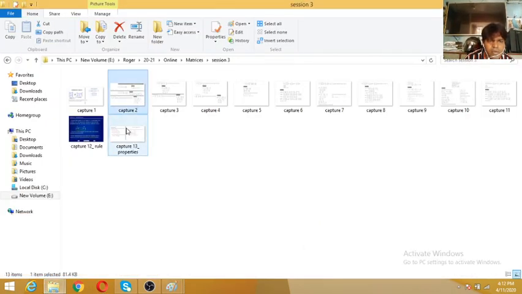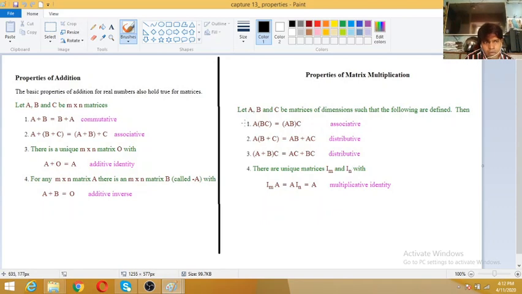Let me share with you some properties of both addition as well as multiplication. When you add two matrices, they are commutative, that means the addition of a plus b is the same as b plus a. But one very important thing, this doesn't hold good for multiplication.